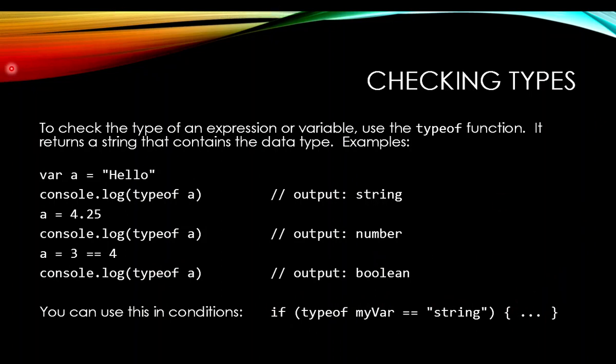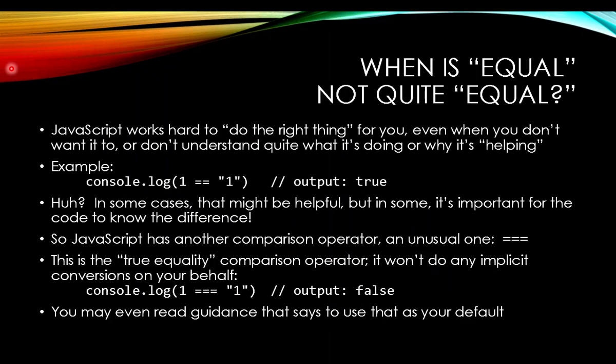Now JavaScript, because of its uniqueness and its effort to try to be very helpful to you, sometimes makes some, quote, helpful choices that turn out to be a little bit odd and maybe not quite what you expected. An example of that is if you ask JavaScript, hey, is 1 equal to "1"? Is the number 1 equal to the string 1?